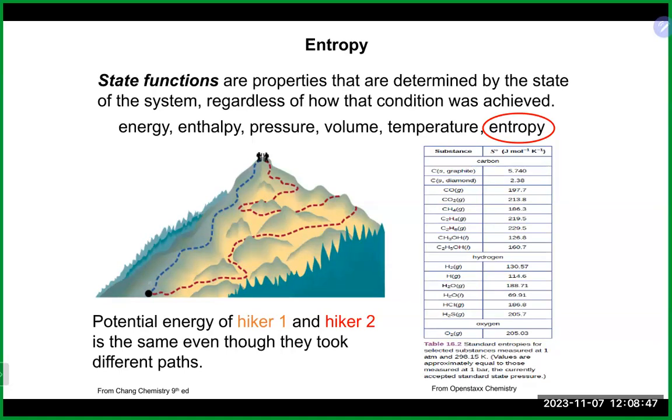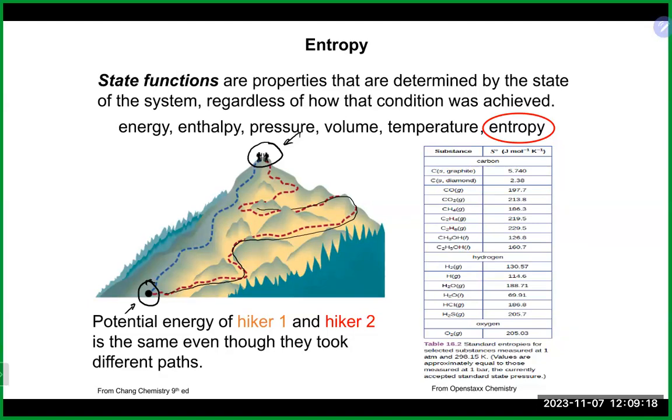What does matter is where you start and where you end; those are the only two places that really matter. As we can see here, the guy in blue took the more direct route up the mountain. The red one took the scenic route around the mountain. But in terms of their potential energy, they both started and ended in the same spots, which means they possess the same potential energy.